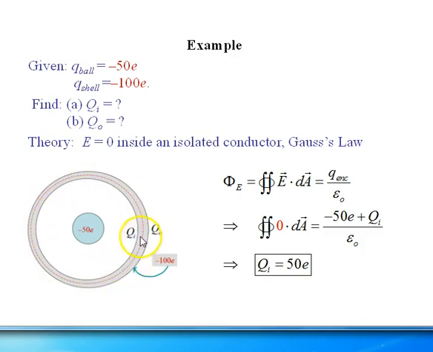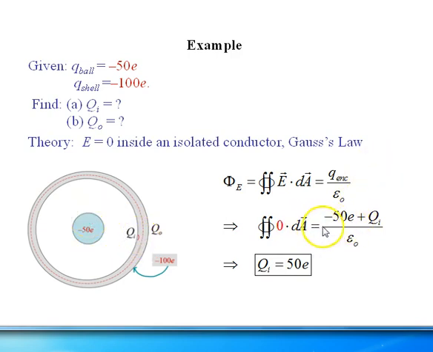If we do that, then what we're enclosing for charge is this charge on the inside of the shell, and we're enclosing the ball. But the good reason to do that is we know the electric field there is equal to 0. So the flux is going to be equal to 0. We know the charge enclosed, then we can get a relationship between the QI and the charge on our ball.